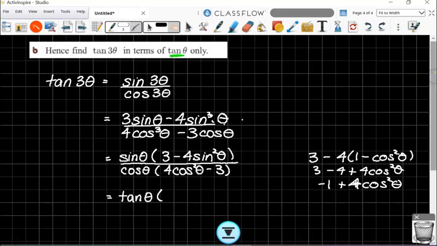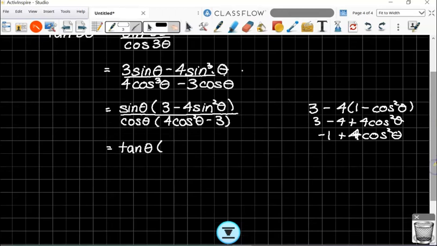We're trying to express it in terms of tan. Tan only. And I'm thinking, yeah, tan is sine over cos. So this is a tool that I have in my belt that you're not sure of quite so much because we haven't done a lot of the tan stuff.